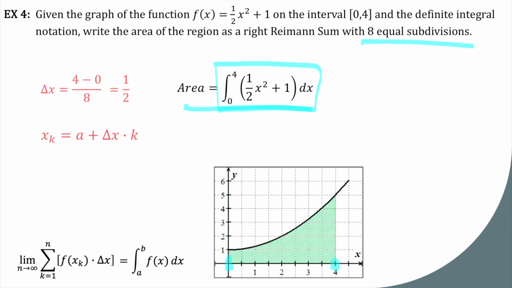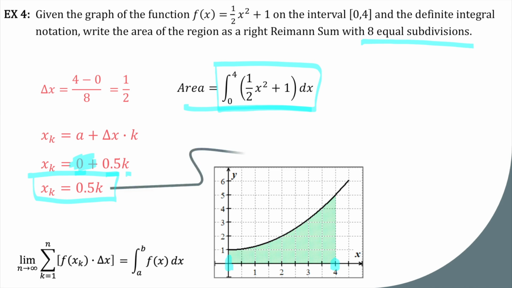Our x sub k is our starting point, which is 0, plus delta x times k. And we don't really care about that 0 plus. So x sub k is 0.5 k. That's going to get plugged in for this x right here. And then delta x is our dx.